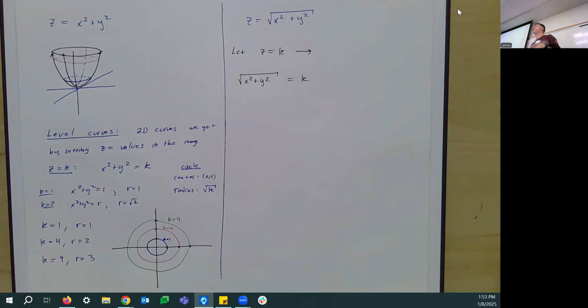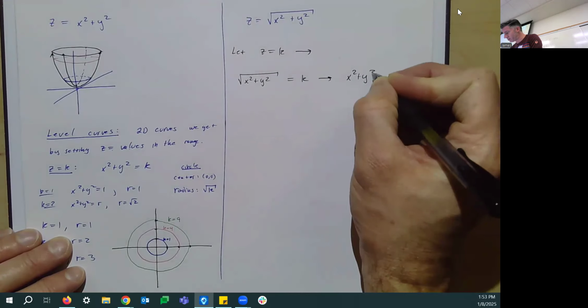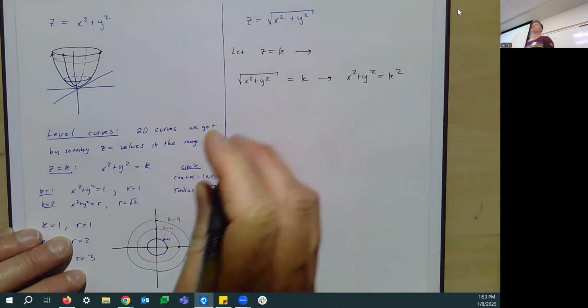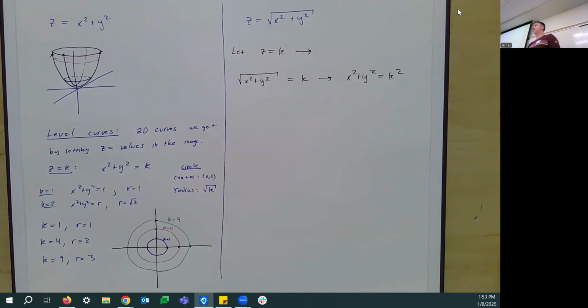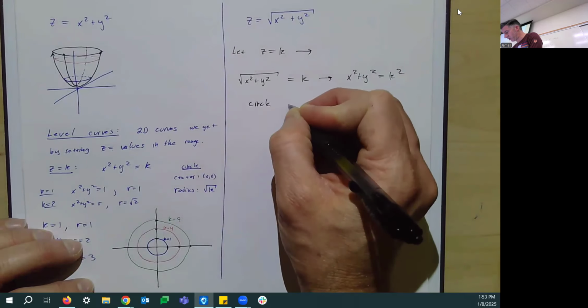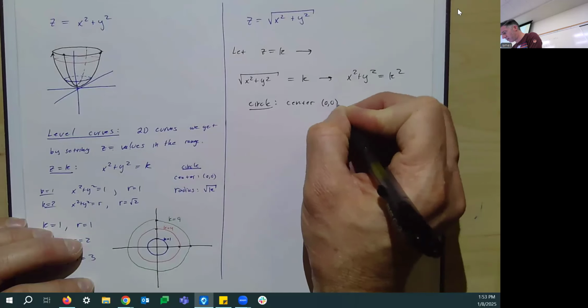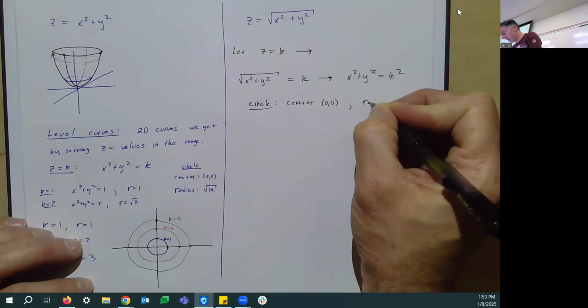Pro tip, if you see an x squared plus y squared, usually you want to isolate that. You want it to be all by itself without anything next to it or as a function of it. So I would square both sides here and say, I have x squared plus y squared equal to k squared. Usually, if you have x squared plus y squared popping up, you've probably got a circle somewhere, somehow. So great, this is a circle, still centered at the origin. But now the radius, instead of being the square root of k, is just k.